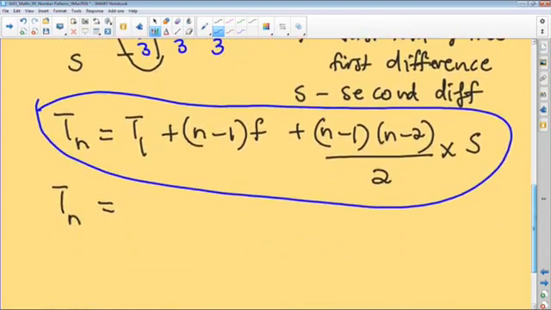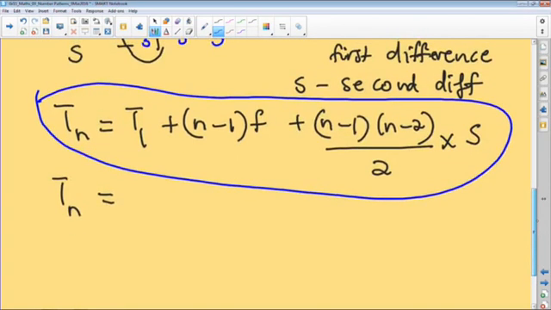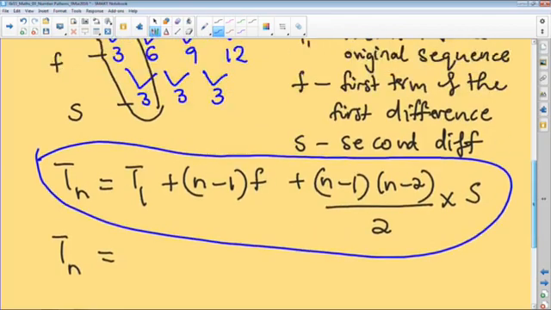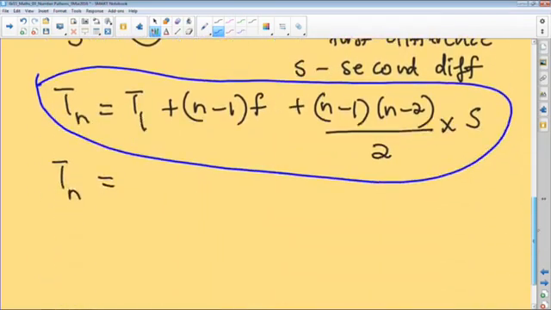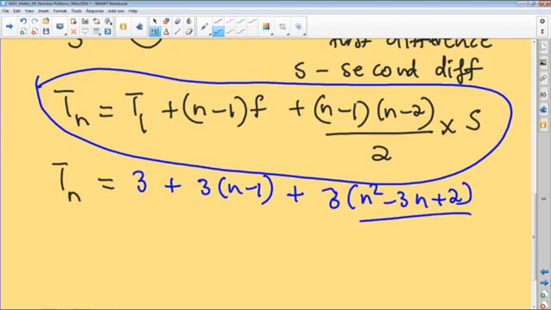It's the same numbers. But if you had maybe 3, 2, and then 1, we're able to just substitute in this one. You'd get the same thing at the end of the day. So it's 3 plus 3 bracket n minus 1 plus 3 bracket n squared minus 3n plus 2 all over 2 times the second difference, which is 3.